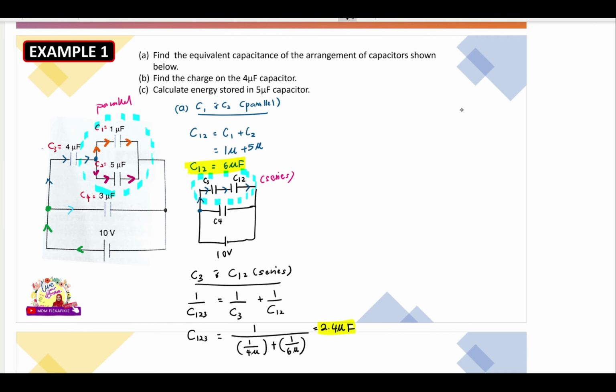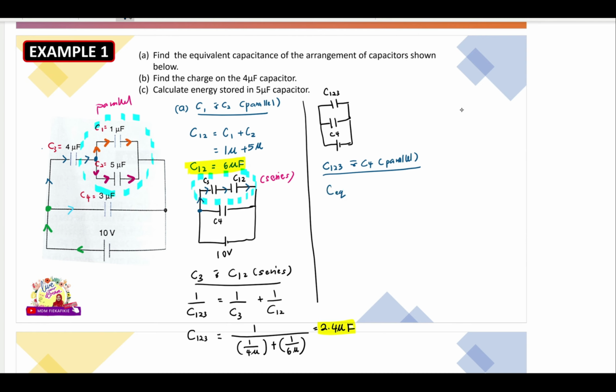And then let's move to another part. Okay, so bila kita combinekan pula, this is C123 yang kita dah kira tadi, and C123 and C4 are in parallel. Okay, so finally we can try to solve for C123 and C4, and they are parallel. This is very important. Alright, so kita boleh letaklah C equivalent ataupun C total.